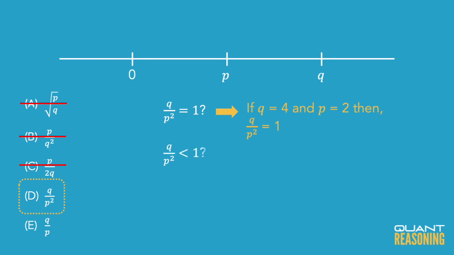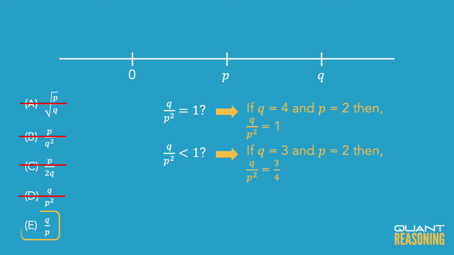And what about a scenario where q over p squared is less than 1? We just need to think of an example where p is less than q, because that was given, but p squared is more than q. Can we think of such an example? Sure, how about 2 and 3? 2 is less than 3, but 2 squared, 4, is more than 3.